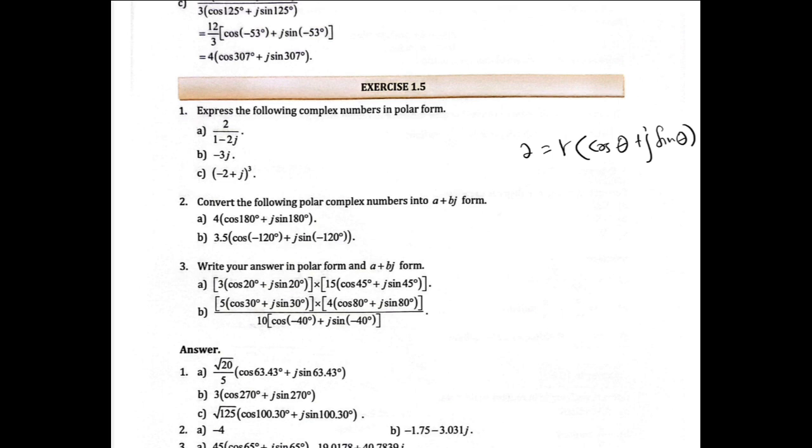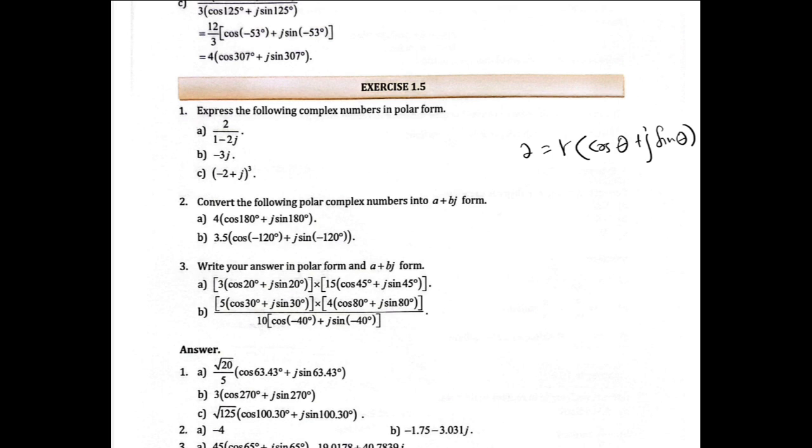For multiplication, we multiply the r of the two polar form complex numbers, and for the theta, we add. For division, we divide the magnitudes r, and for the theta it will be subtracted.